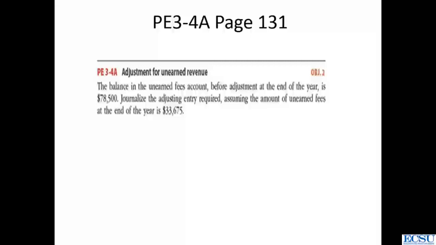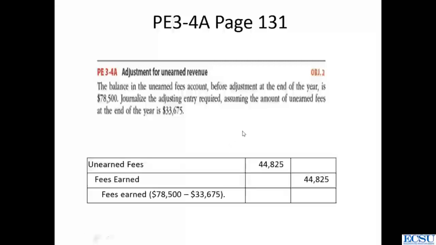Now you need to understand the difference has been earned. So what is the earned amount? 44,825. That is 78,500 minus 33,675. So that's how we'll be handling that. As you can see, unearned fees is debited and fees earned is credited with the amount of earned fees.